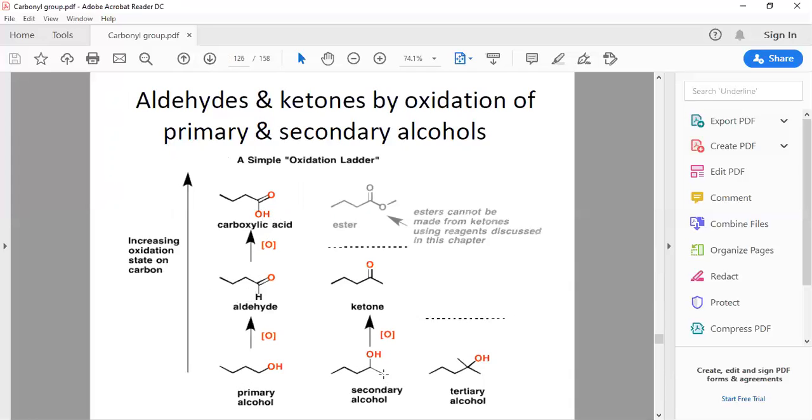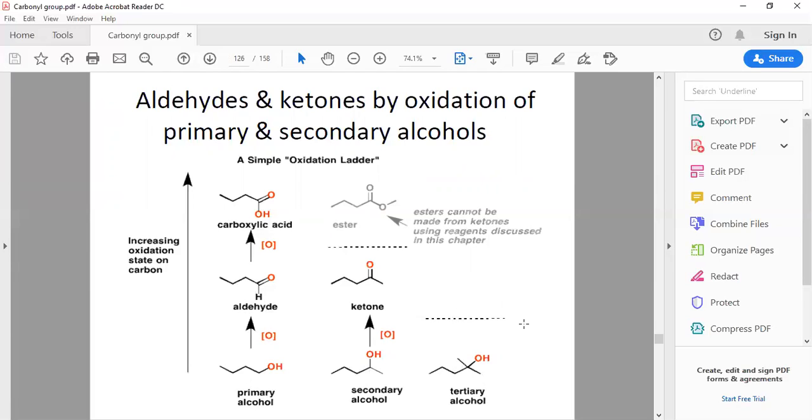If you take secondary alcohol and it is oxidized, then it gets oxidized to ketone. Further oxidation is not possible because it does not contain the free proton. And in case of tertiary alcohol, there is not at all any oxidation possible. So primary alcohol gives carboxylic acid on oxidation and secondary alcohol gives ketone.